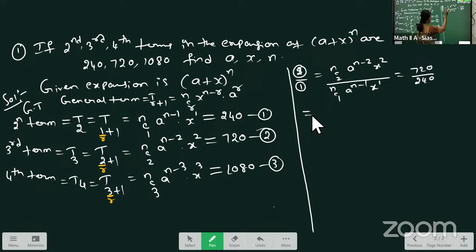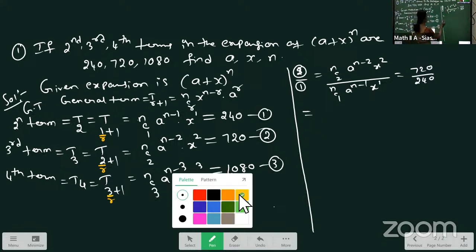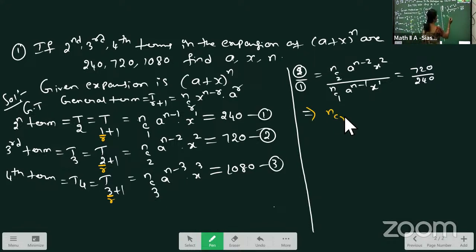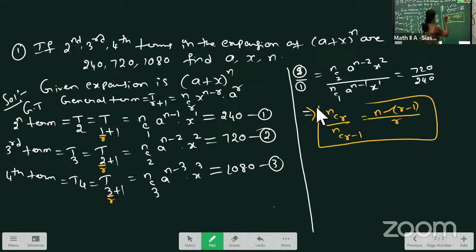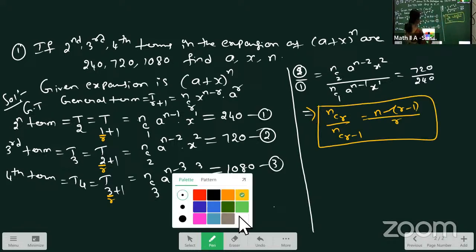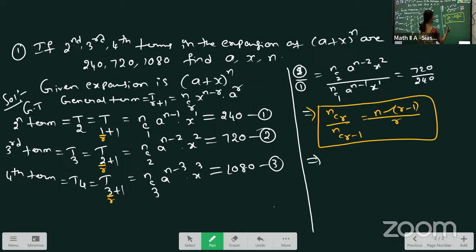Now, in the last class, I have given the formula. If the concept is in the form of NCR by NCR minus 1, we can write it as n minus denominator suffix by numerator suffix. By applying this concept here, NC2 by NC1 can be written as n minus 1 by 2.